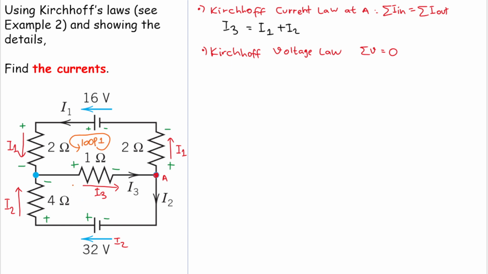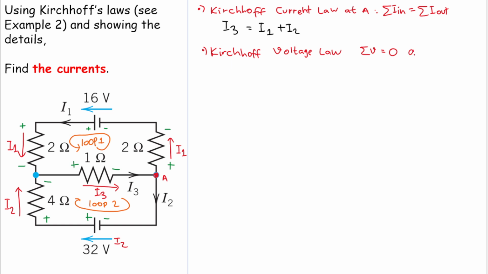Okay, but for loop 2 here, it goes up, goes to the right, and goes to the left. So I will have this one here as loop 2. I will go clockwise. So I have loop number 2. Okay, now let's start doing the analysis in loop 1.